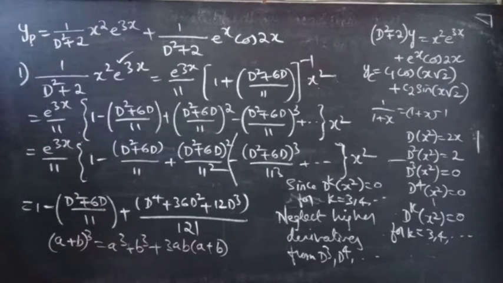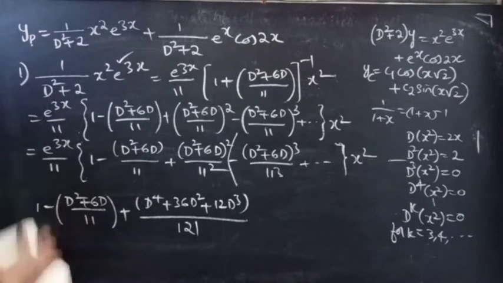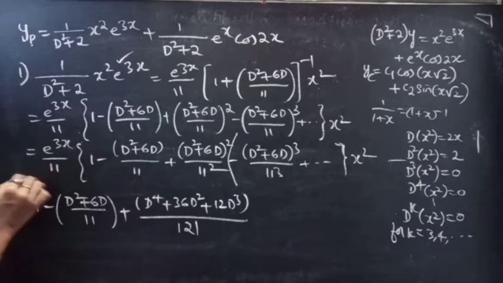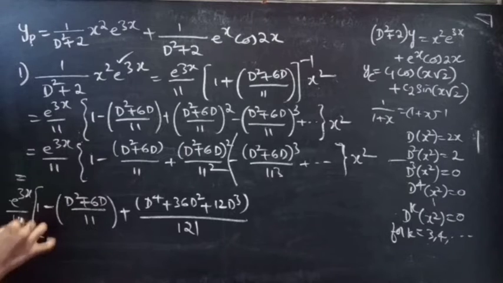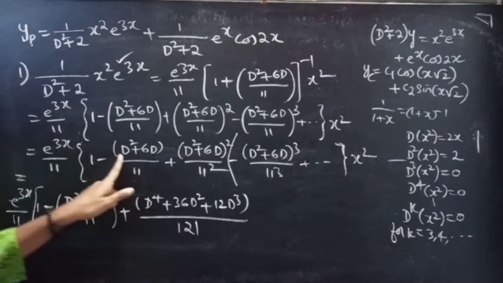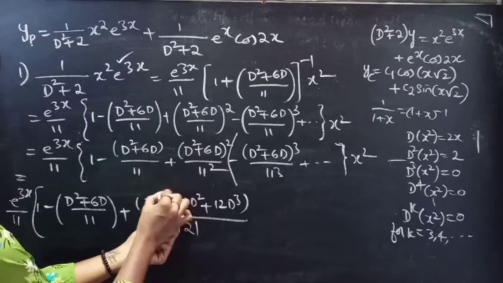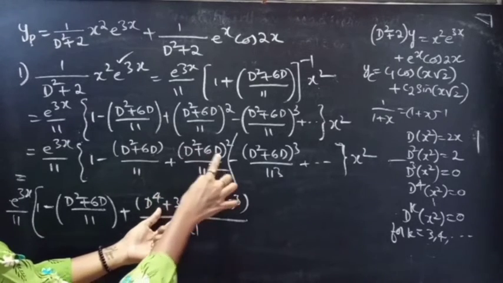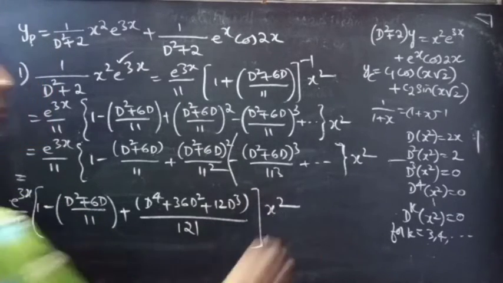Okay. Then this is equals to e power 3x by 11 into 1 minus (d square plus 6d) by 11 plus expansion of (d square plus 6d) whole square by 121 into x square.